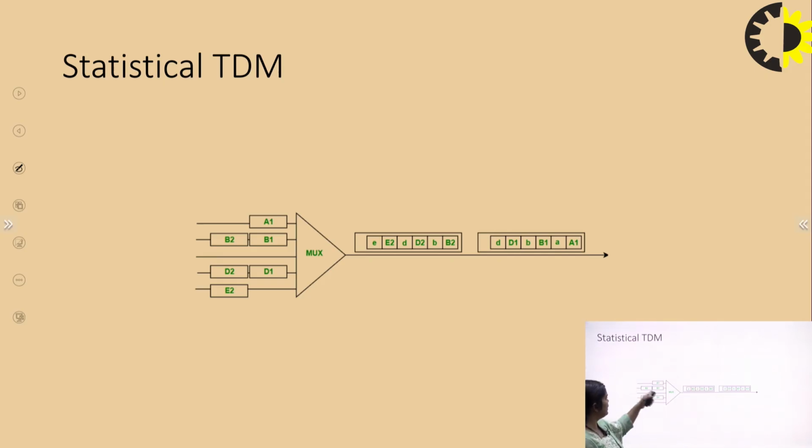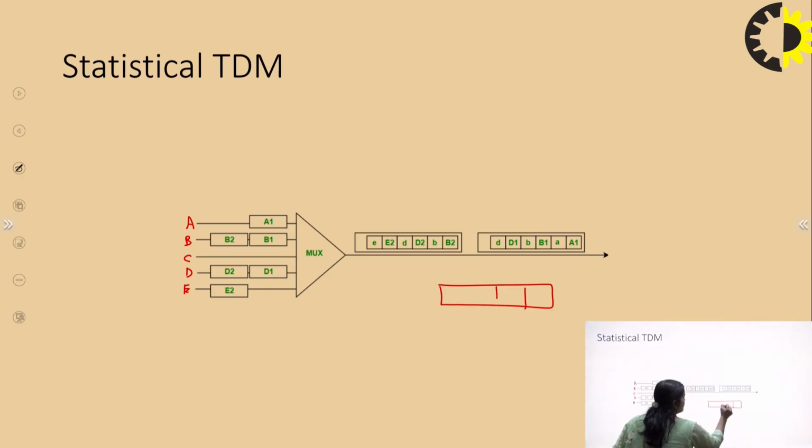In this option, you can see, suppose there are A, B, C, D and E. The same procedure will be followed. In the first, A1 is there, next B1 is there, and C1 is not there. At this time, C1 is not generating any frame. At that moment, C1 is idle.